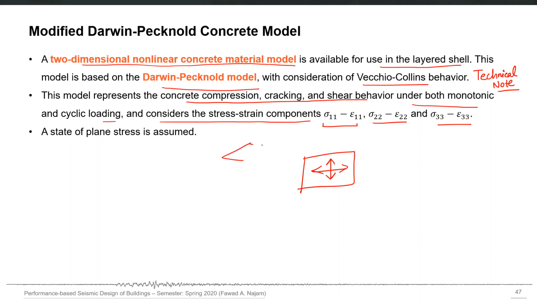Currently in our fibers, they run only along the length and they are uniaxial, like one steel bar or one hidden column of concrete, which is one fiber of concrete inside a cross section. So all of these fibers are uniaxial, but this is a two-dimensional stress strain model available for layered shell element. So you can check that technical note which comes with ETABS to get more detail about this two-dimensional nonlinear model. Currently, we will focus only on the uniaxial or one-dimensional stress strain models.